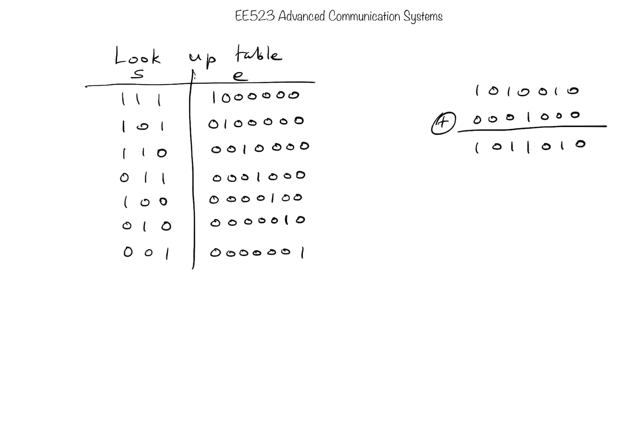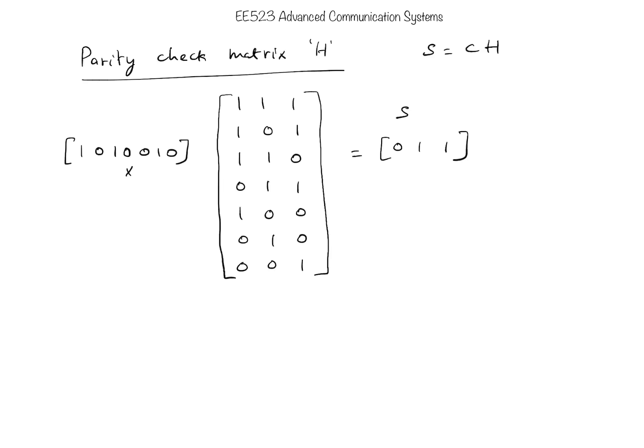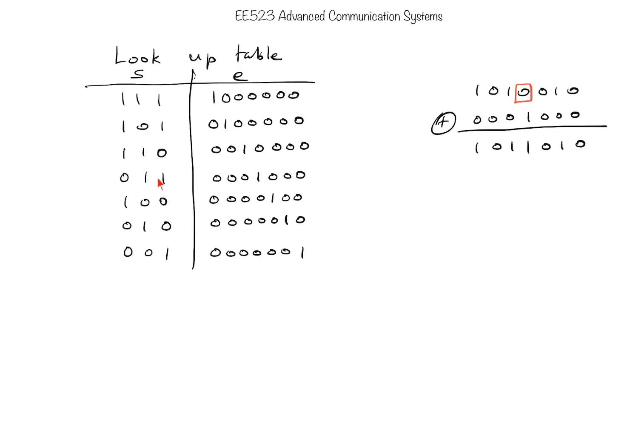So there was an error here in the fourth position, which after the decoding process, where we multiplied the received code word with the parity check matrix, then obtained the syndrome, and from the syndrome we obtained the error vector and added the error vector to the received code word, what you have is the correct code word. So now this has been corrected. So the error which was present here has been detected as well as corrected.